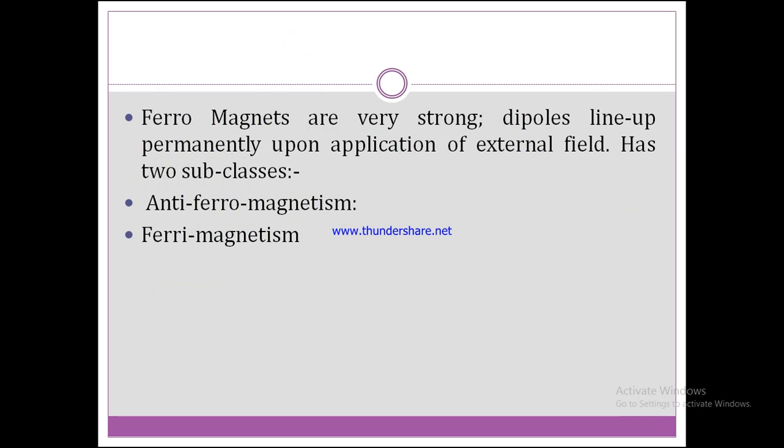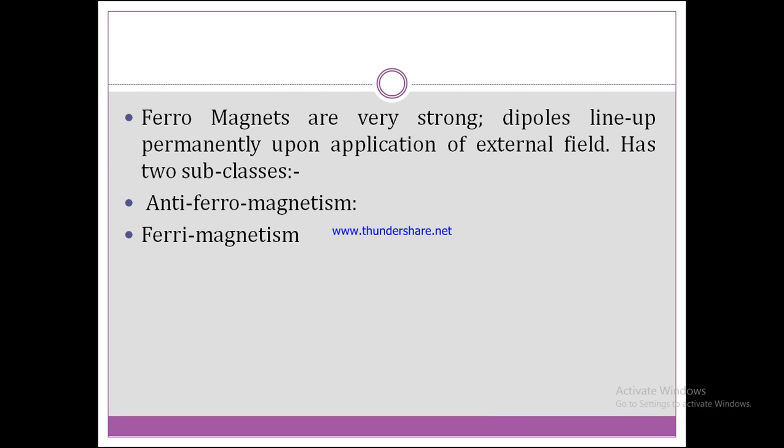Ferromagnets are very strong in their nature. The dipoles line up permanently, and the applications depend on the external field. Again, ferromagnetic materials depend upon two subclasses: the first is antiferromagnetism, and the next is ferrimagnetism.